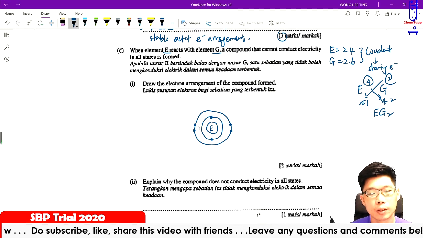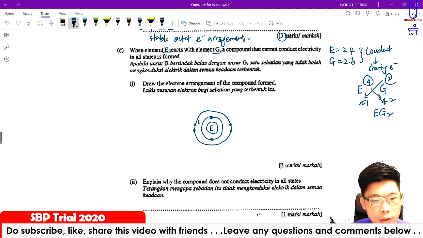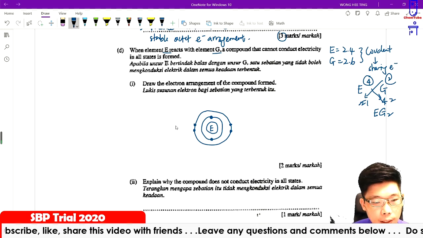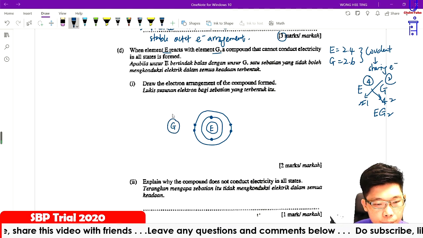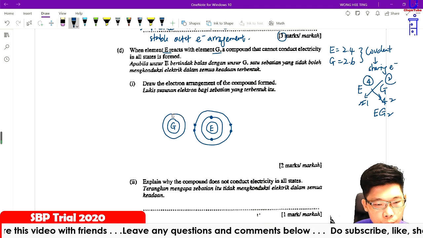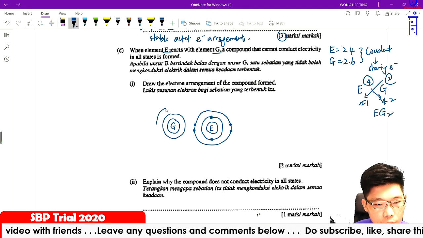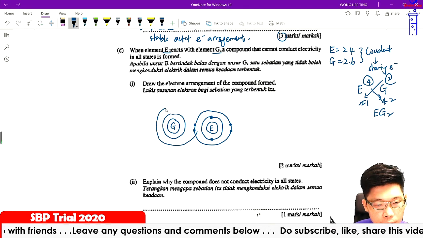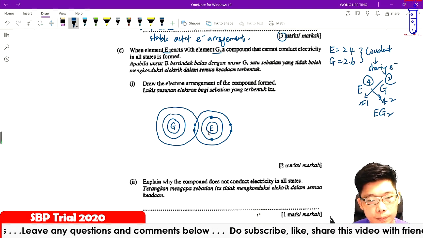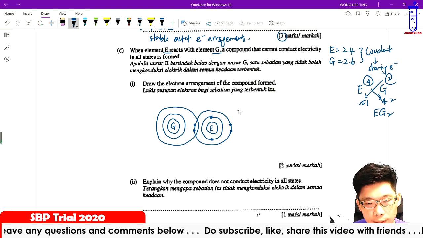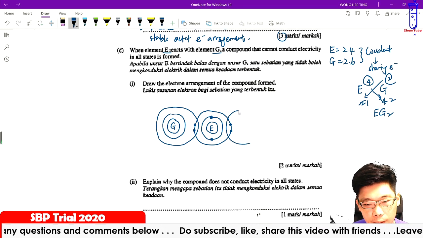Okay, so with another G, you need 2, 6. For the sharing of shells, you have to intersect them, like this. This one also the same. So like this.